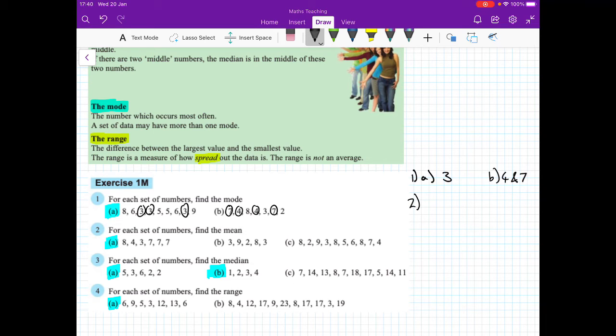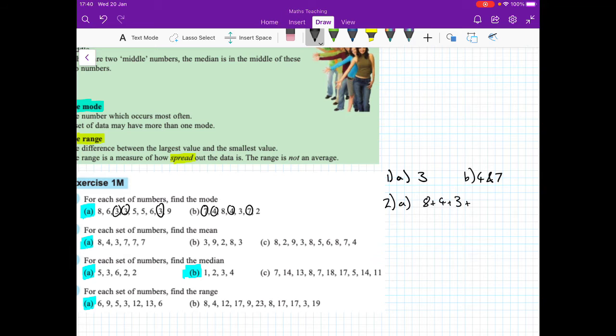Question 2 asks us to find the mean. So for the mean, what we need to do is add all of the numbers together: 8 plus 4 plus 3 plus 7 plus 7 plus 7, and divide the total answer by how many there are.